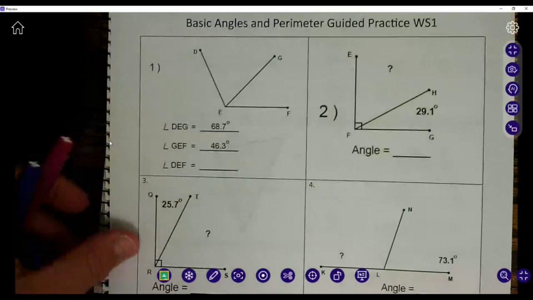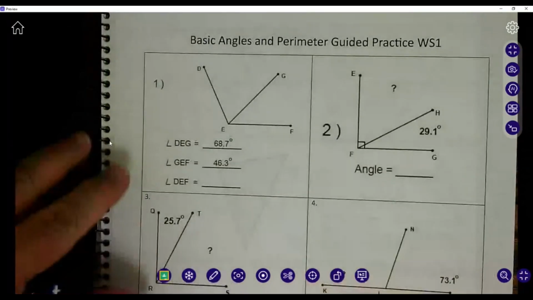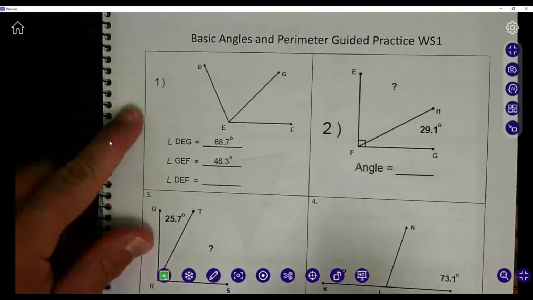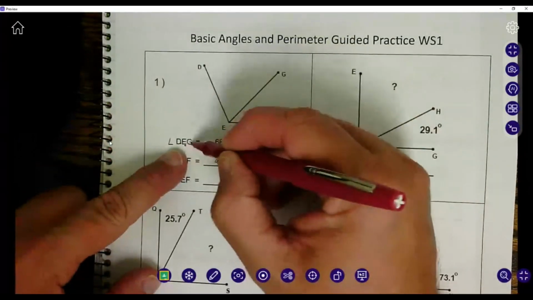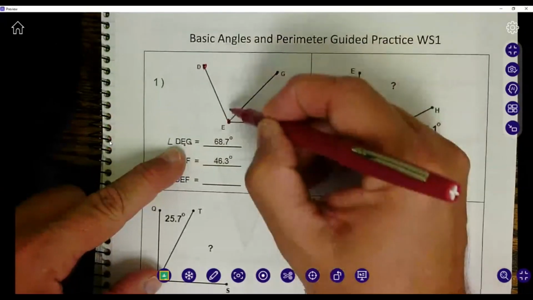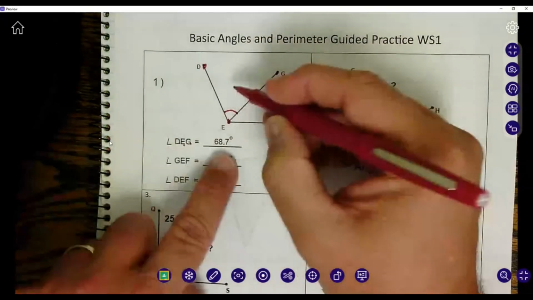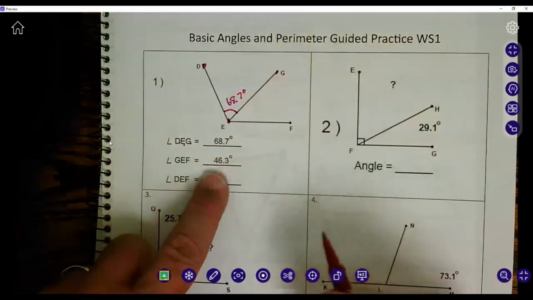So this first problem, they're giving us the number of degrees in a particular angle. So they're telling us that DEG, this angle, is 68.7 degrees.